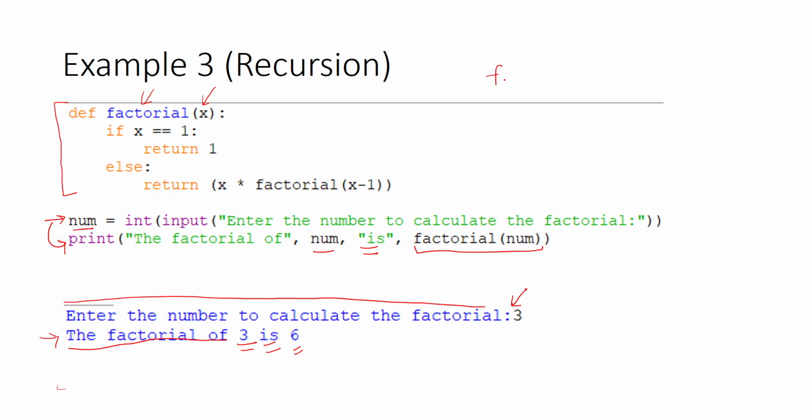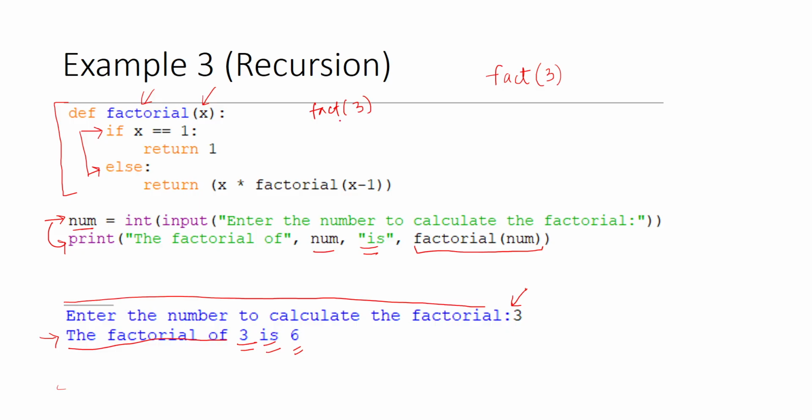What I need to calculate is fact 3, because I have num 3. So it will go up here. This is the function call fact 3. It goes inside and checks whether x is equal to 1. This condition becomes false, so the system will go to the else part.